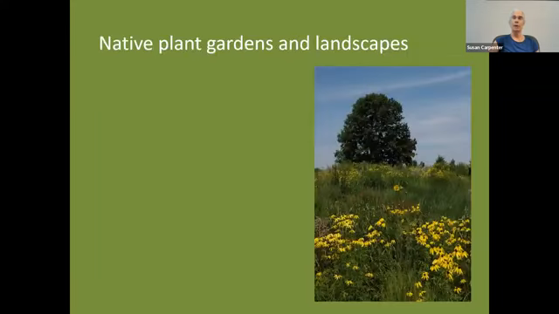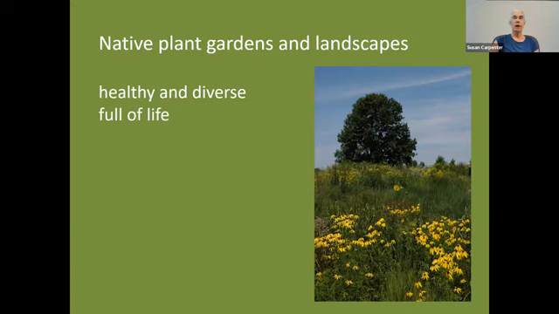But just to take some general principles of native plant gardens and landscapes first. When we think of these kinds of gardens and landscapes, we know that they are healthy and diverse. By healthy and diverse, we mean we have lots of different types of plants within the garden, and they are well suited to the site that we've planted them or that we're finding them.